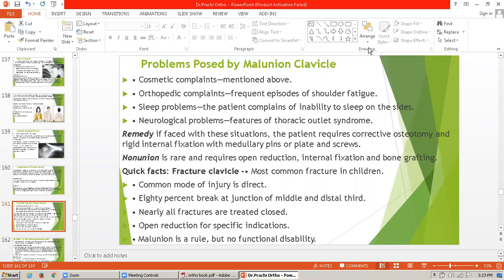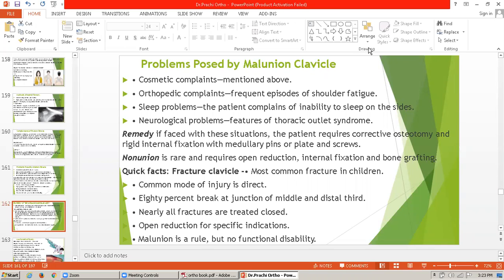The common mode of injury is direct. Nearly all the fractures are treated closed. There is open reduction for specific indications. Malunion is the rule but with no functional disability.